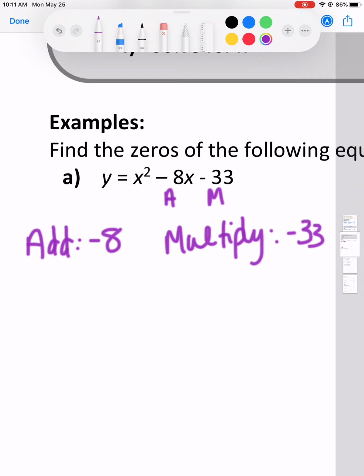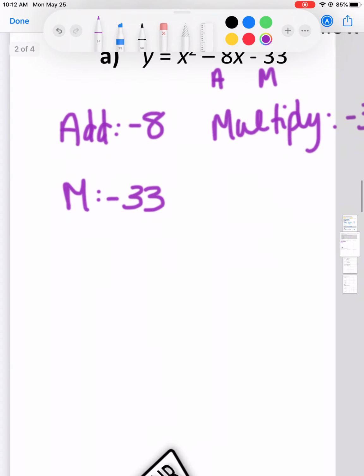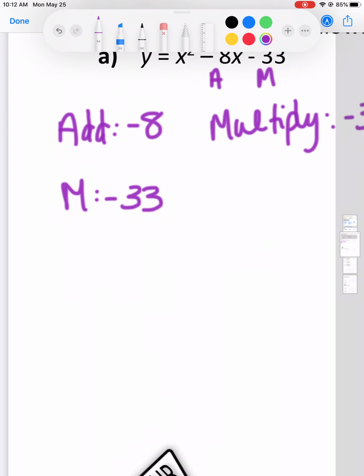Okay, so you might need to get out your chart, your factor table, which is absolutely fine. 33, there's actually not a lot of multiples for 33. So if I do multiply to -33, again, you might need to use that flow chart to figure out what signs we're going to be using. Okay, if that's what you want to do, there's absolutely no problem with that. I'm going to take that out because hopefully by now either you have it ready or you can just do it.